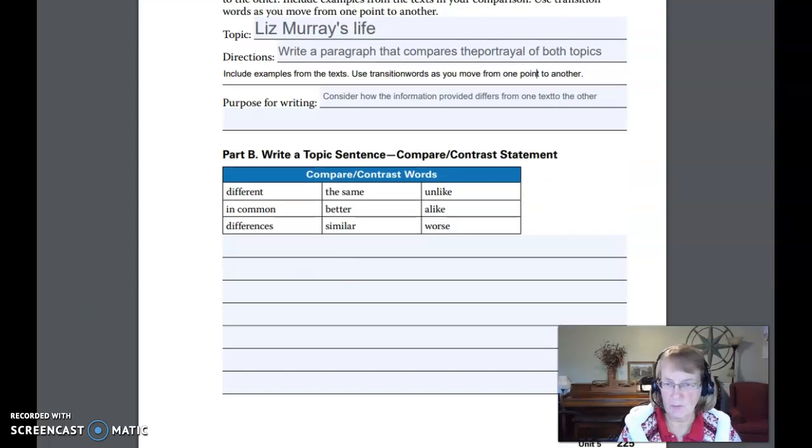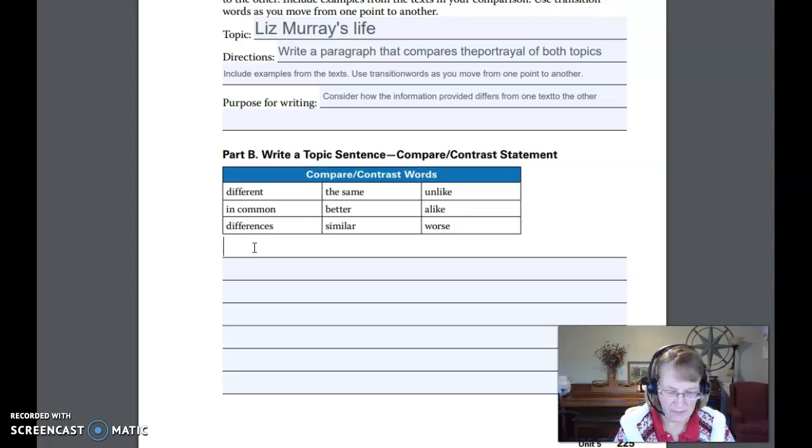So then the first thing we want to consider is our topic sentence. So we'll need to have something that brings out the idea that we are looking at the things that are the same and that are different. I've got a basic idea that we could work with.